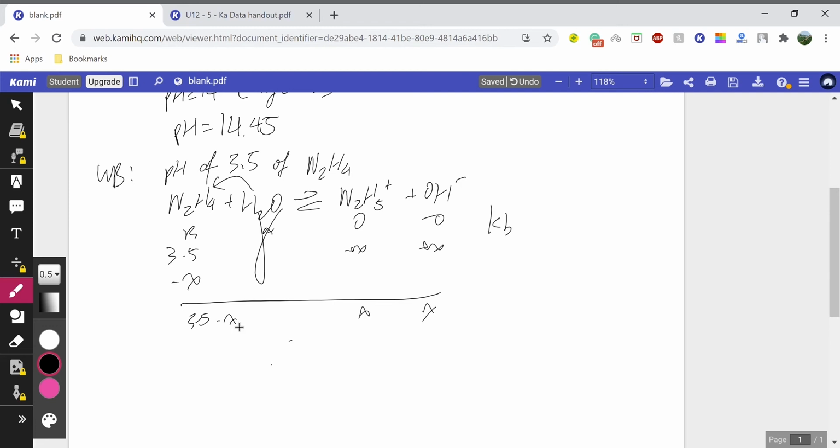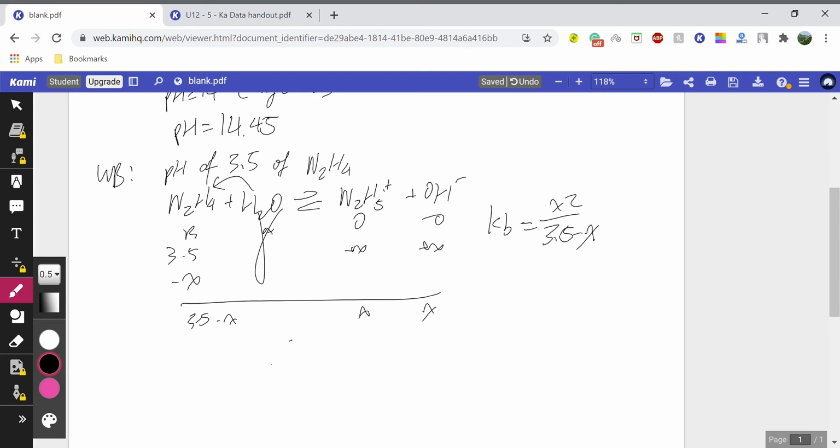Because we're producing a base as a product, we're going to be using Kb, which is equal to X squared divided by 3.5 minus X. Kb can be found by using the Ka of the conjugate acid.